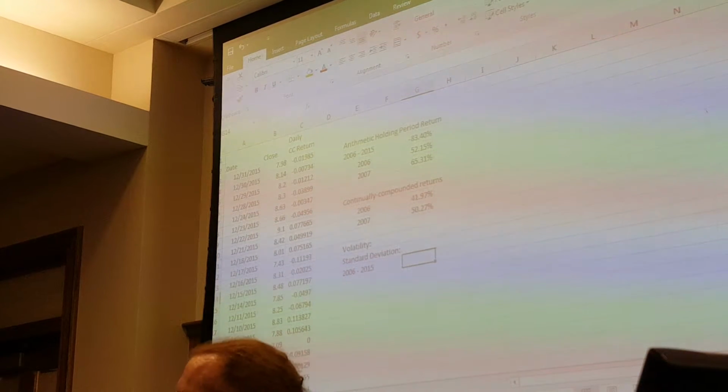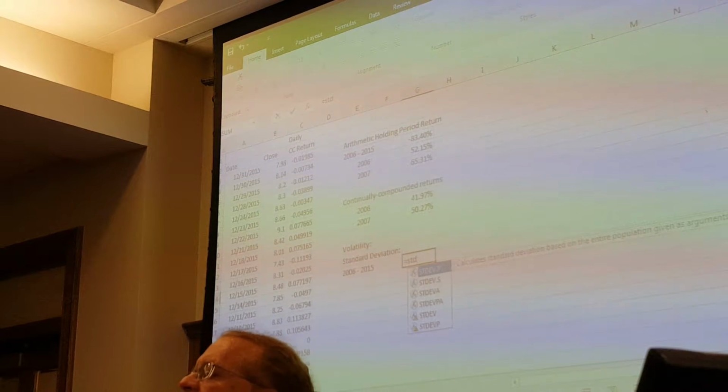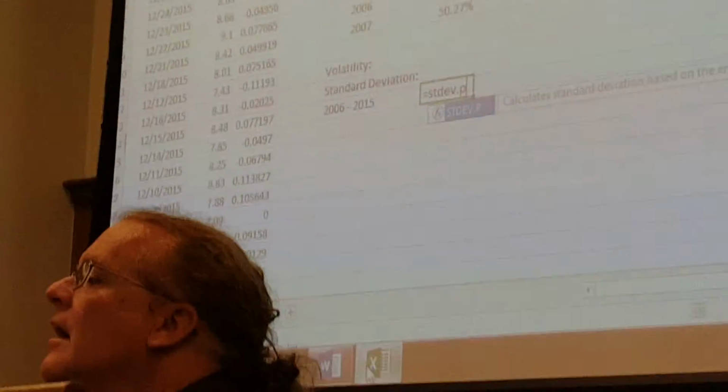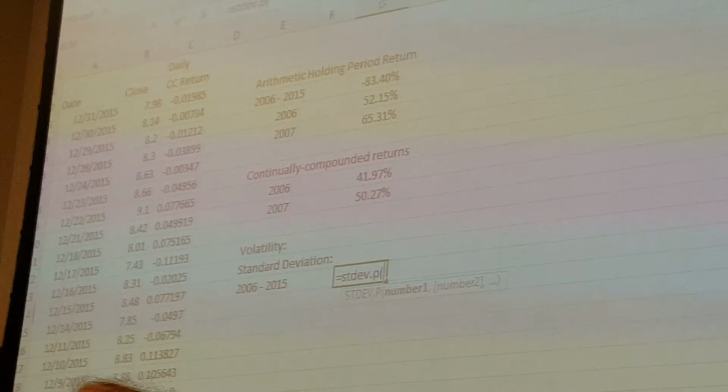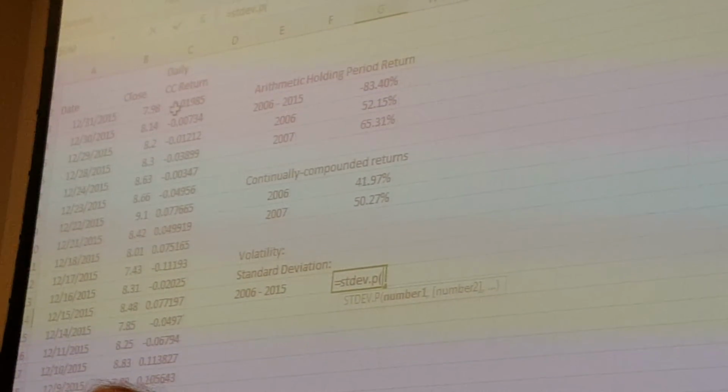There are actually several in Excel. The one I use is this one, equals STDEV.P. Then you just put in the range of numbers that you want to do it for.